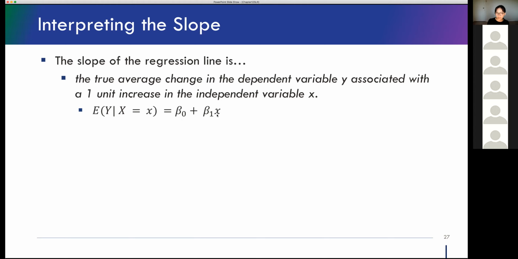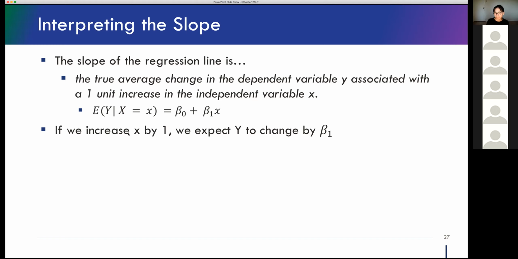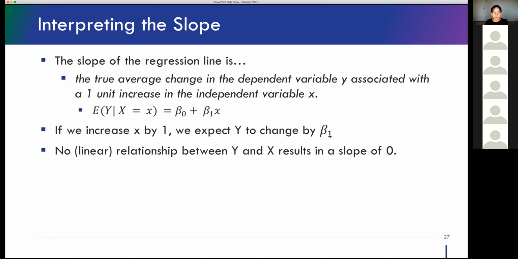If we increase x by 1 unit, we will get a beta 1 unit change, depending on whether beta 1 is positive or negative. If it's positive, we say it's an increase. If it's negative, we say it will be a decrease in y value. So that's the interpretation of your slope. If we increase x by 1, we expect y to change by beta 1. And if beta 1 equals 0, that means there's no linear relationship between y and x.